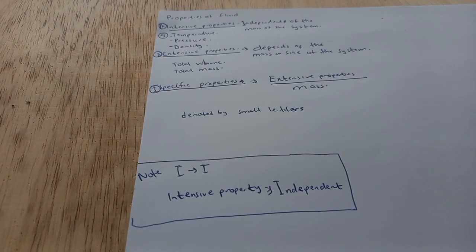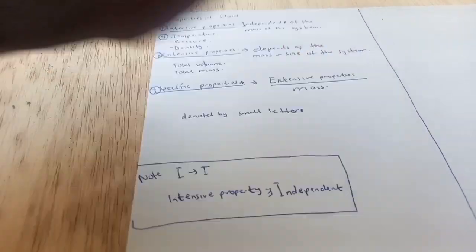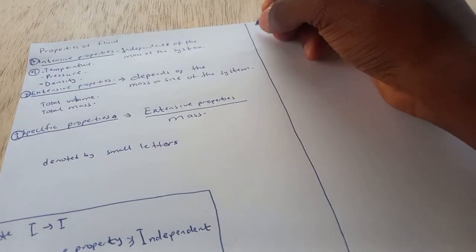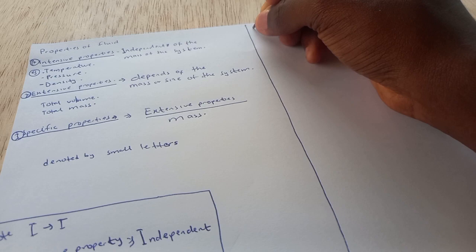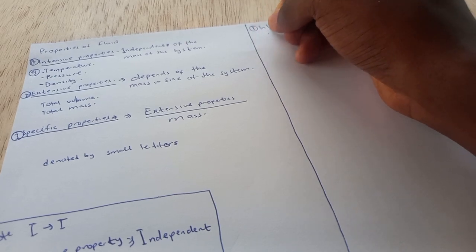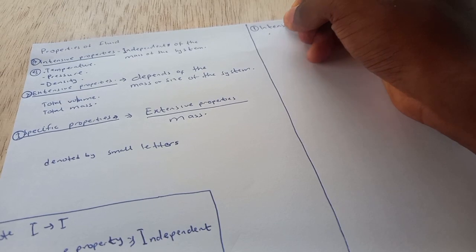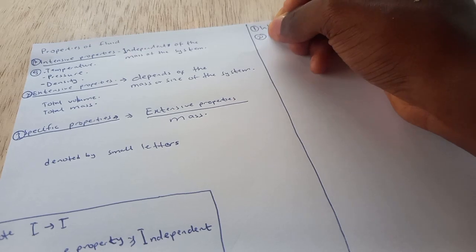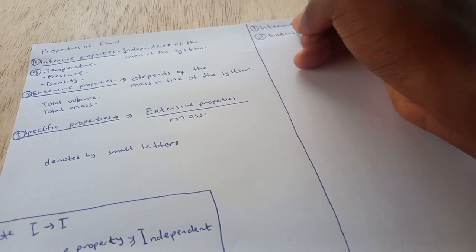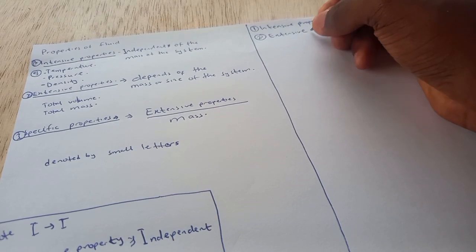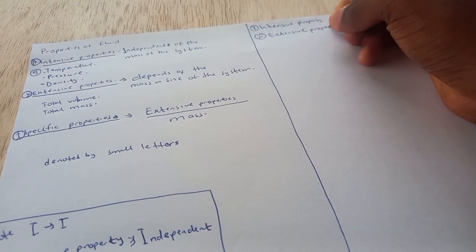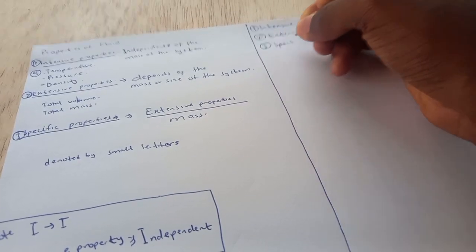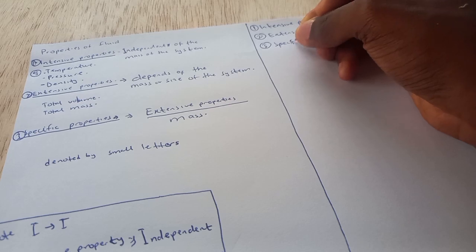Are you following? So let's create a new column and make things much more simple. At least let's see what we've learned for today. We know that there are 3 types of properties of a fluid. That's one, the intensive property, the extensive property, and last but not the least, the specific property.